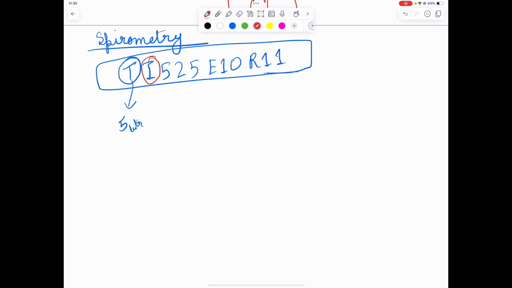Inspiratory reserve volume 2.5 liter. Expiratory reserve volume 1 liter, and residual volume 1.1 liter. So by this line, tie 525 E10 R11, just remember it multiple times, and then you will be able to recall each and every part of this spirometry.